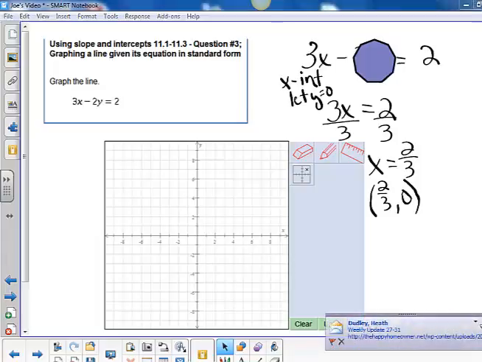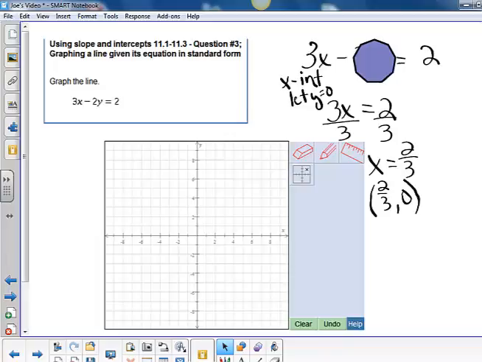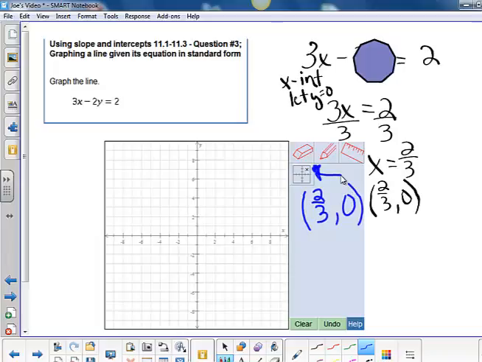To solve this, you actually have to use this graphing tool right here. You have to point to the graphing tool. We talked about this in class, and I did a couple of problems with it. When you click on the graphing tool, because you have a fraction, it'll bring you up a little box that allows you to input the fraction and then hit graph, and it will automatically plot that point for you.